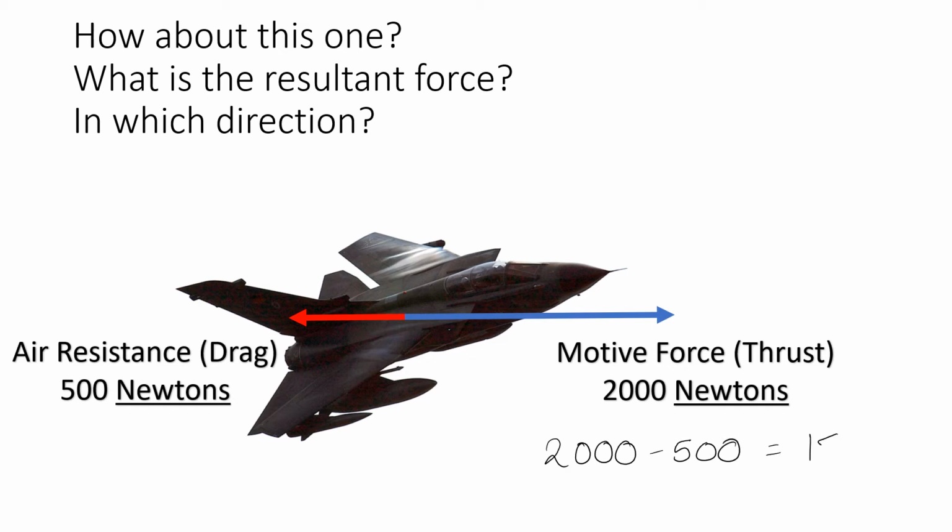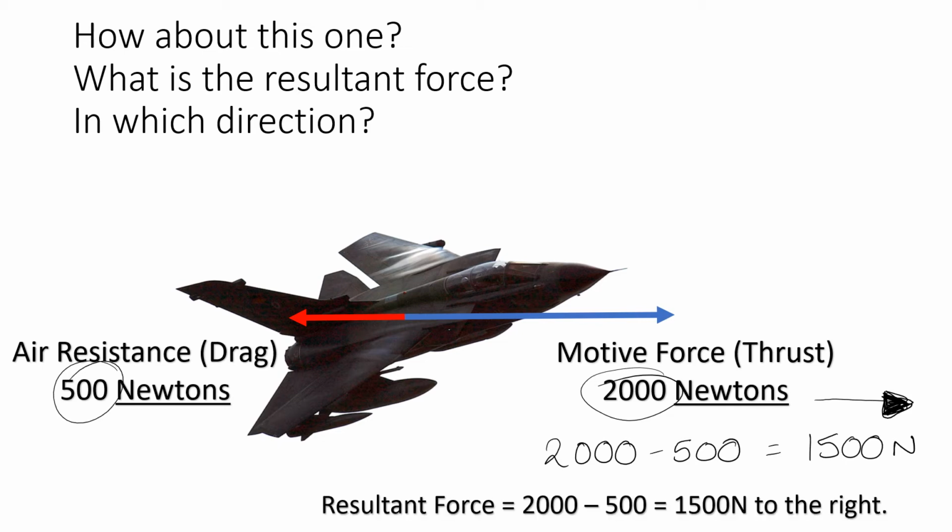That gives us 1,500 newtons in this direction, the forward direction. 2,000 newtons is a lot bigger than 500 newtons, so it's going to move forward, to the right.